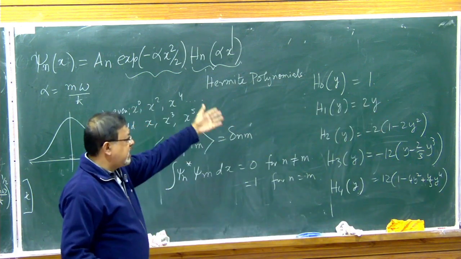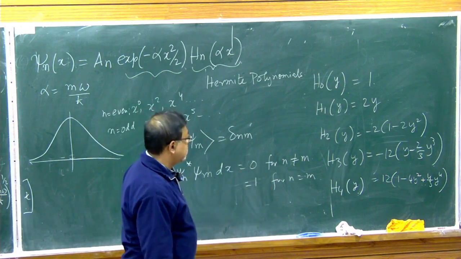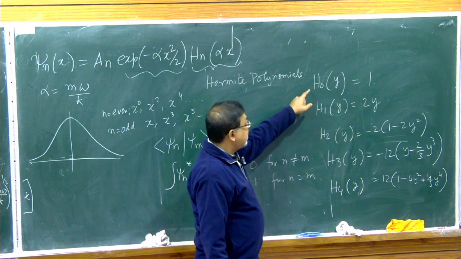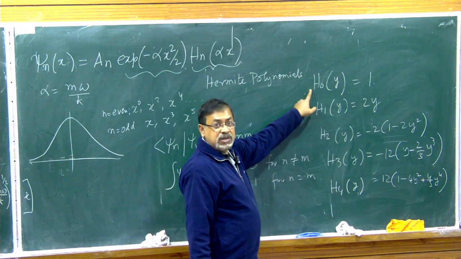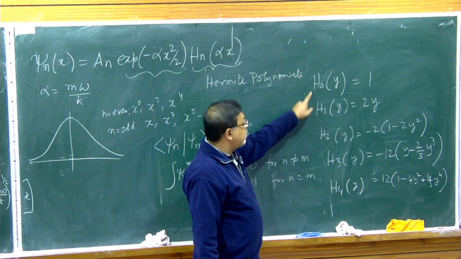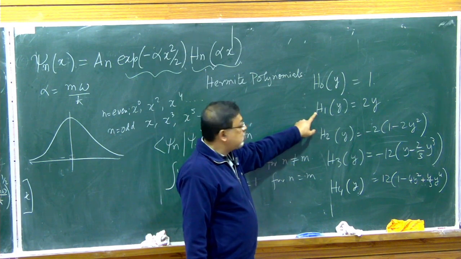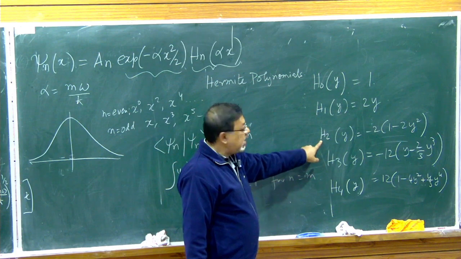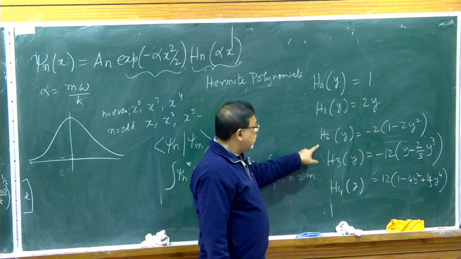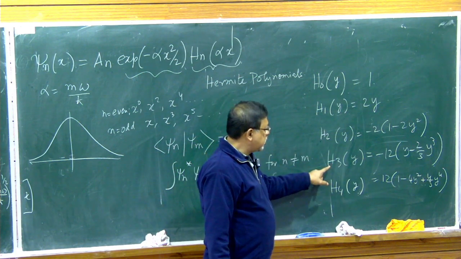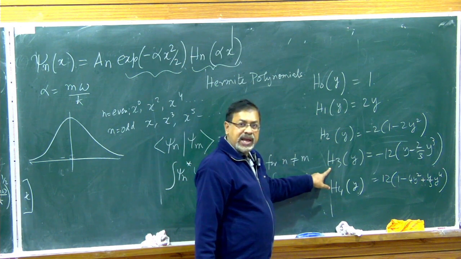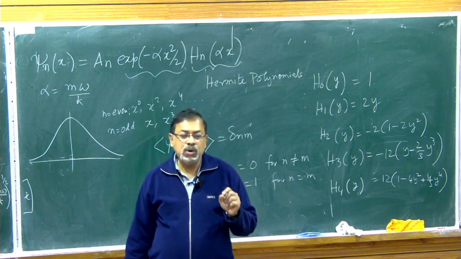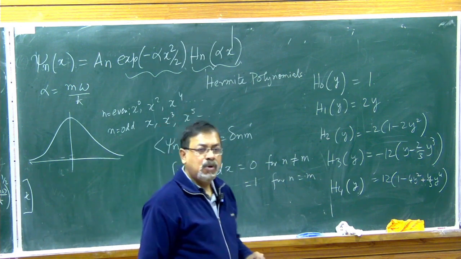You really won't need these polynomials for your calculation because we will not go into details. But you see that this is an even function of y, which means y to the power 0, odd function of y, which is 2y, even function again, which contains y square and y to the power 0, which is just minus 2. H3 contains y and y cube. H4 contains y to the power 0, y square, y4 and so on.